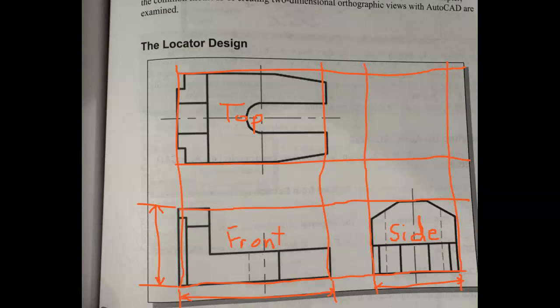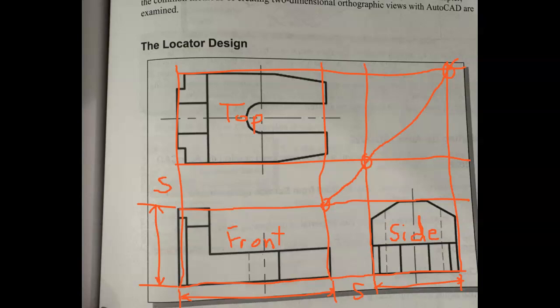And of course, we think, okay, where does the 9th line come from? Well, the 9th line starts right here at the intersection of where your front view is, and that goes up at 45 degrees. If you have done your 9 lines right, and your space equals your space, connecting this point and this point will be at 45 degrees.